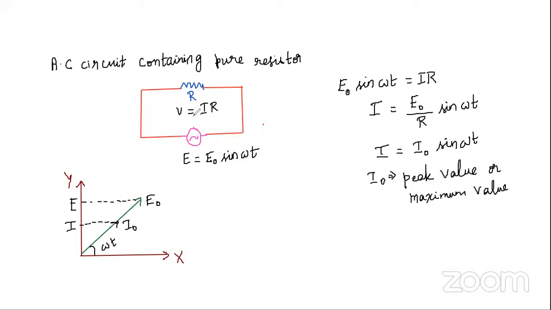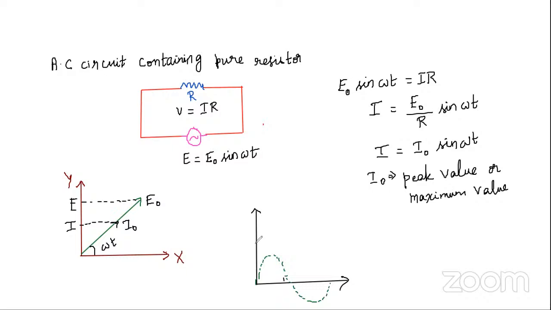So when there is no phase difference, how do the signals look? You can see that also. Here your EMF is represented like this by this dotted line.